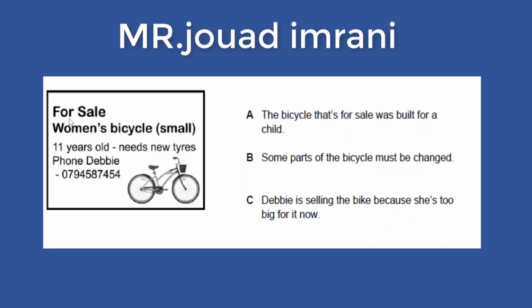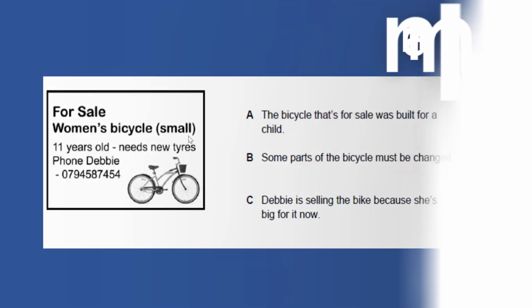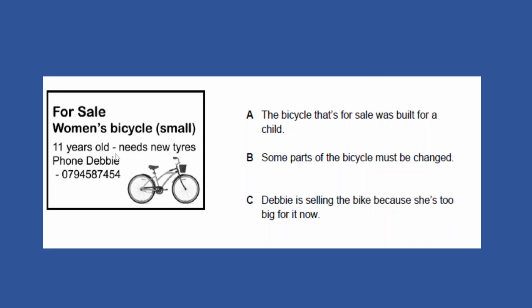For sale: women's bicycle is small, it is 11 years old, needs new tires, phone DB 0795587454. And the 3 choices are: the bicycle that's for sale was built for a child, or some parts of the bicycle must be changed, or DB is selling the bike because she is too big for it.